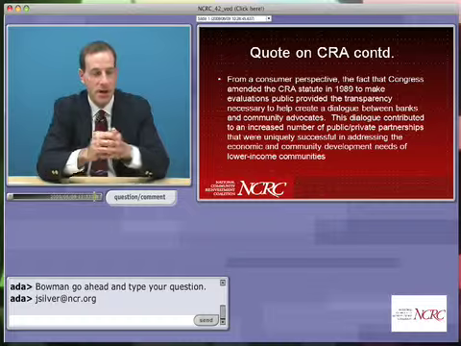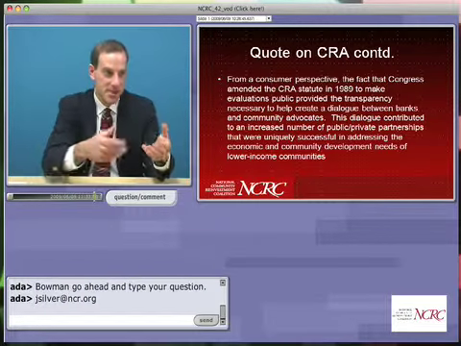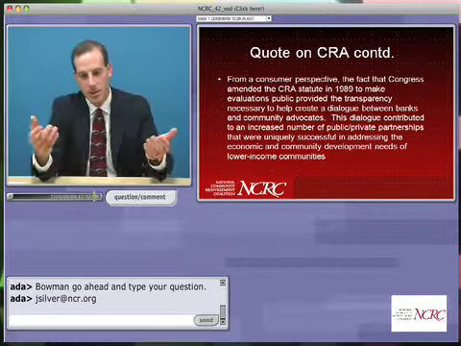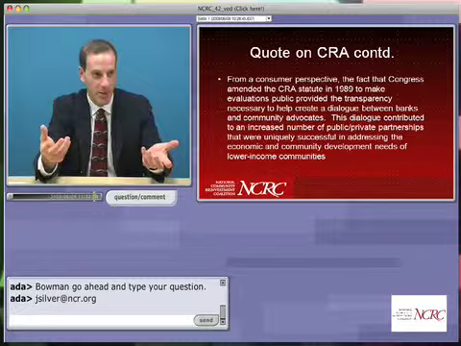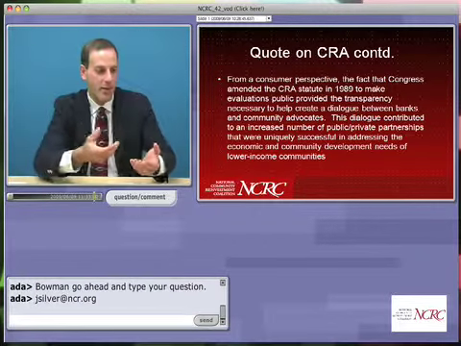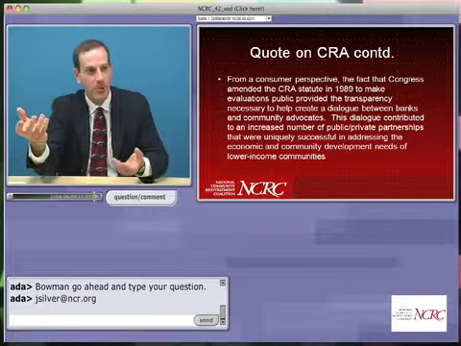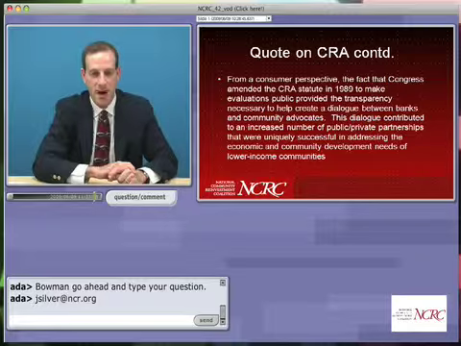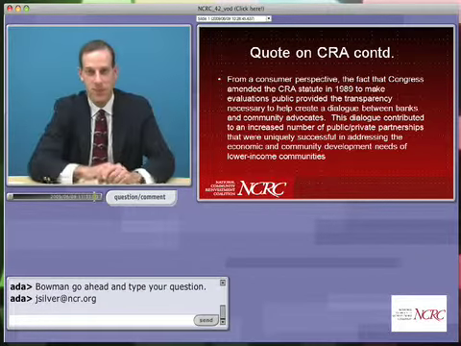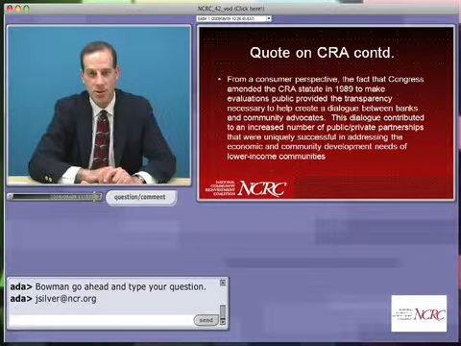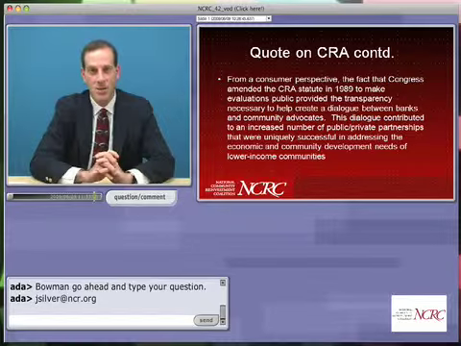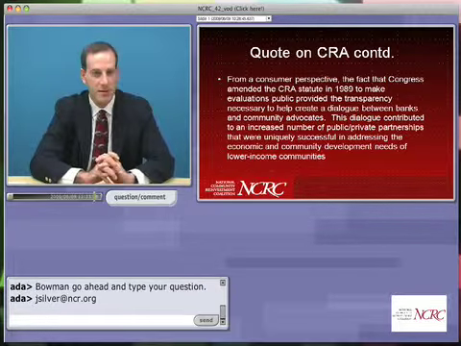How does that compare with the percentage of people that live in low and moderate income neighborhoods? Say 60% of the people live there. It's not normally that high, but if it's 20% of the branches versus 60% of the people, the bank would get a lower grade. Comparisons are also made to other banks: what is their portion of branches in low and moderate income neighborhoods? So the CRA exam is done at the level of the bank, and the branches come into play on the service part of the exam. I hope that answers the question.